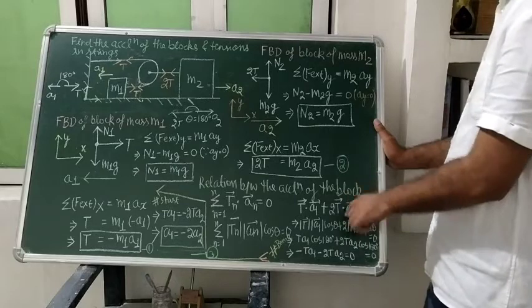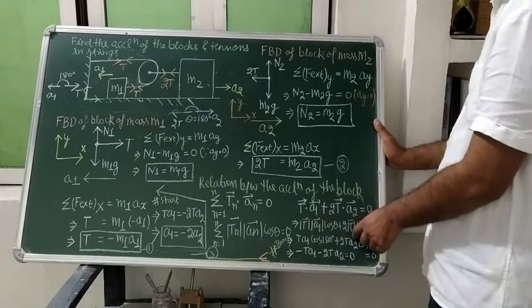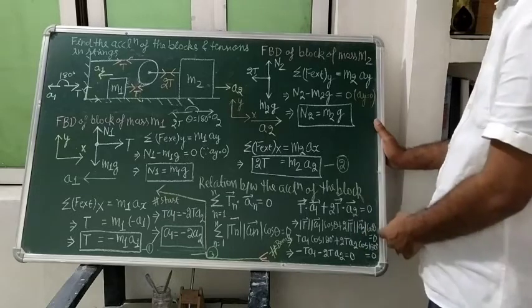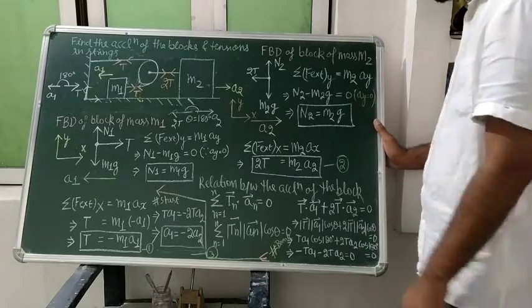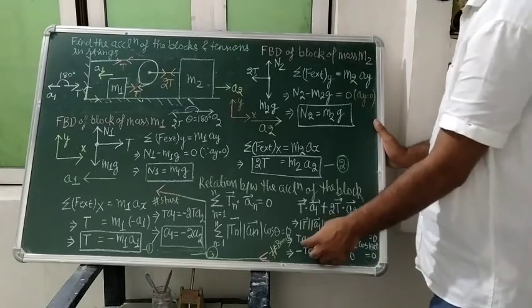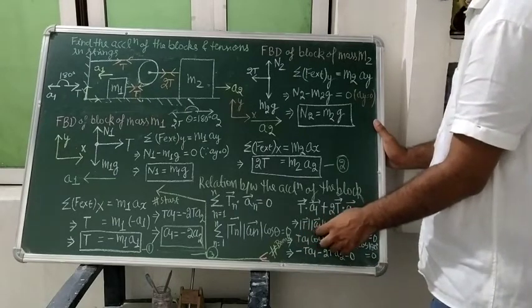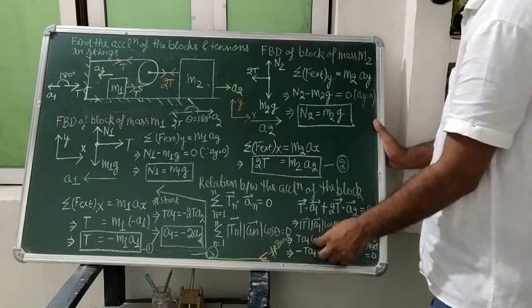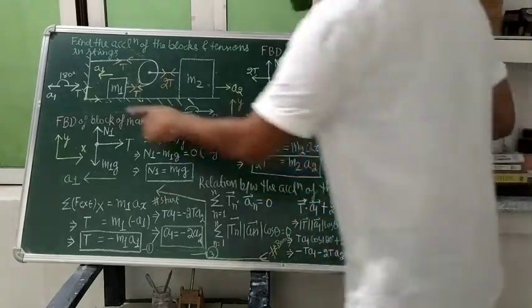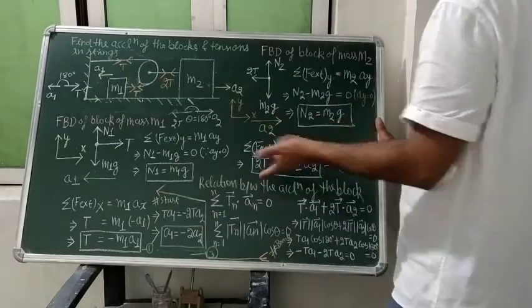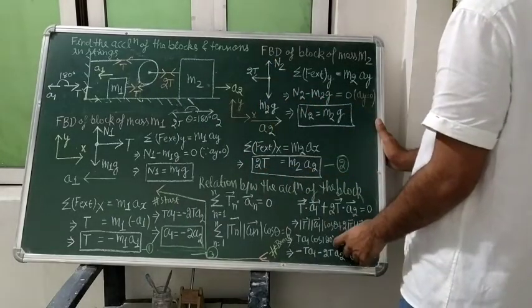For the second, 2 will come outside, the magnitude of the tension vector, the magnitude of the acceleration vector times cos theta, equal to 0. Here the magnitude of the tension is T, the magnitude of A1 is A1, and for cos theta, the acceleration you have assumed is in one direction and the tension is acting in the other direction, so theta will be 180 degrees here.